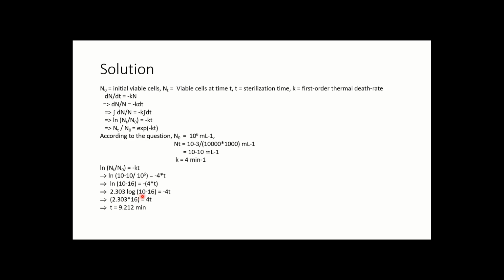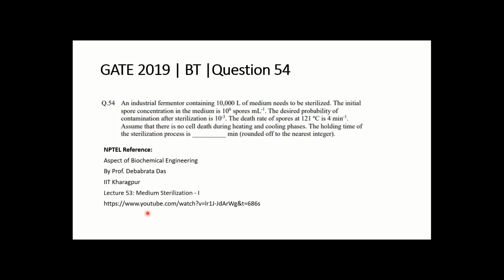The log of 10 to the power minus 16 base 10 will be minus 16. So 2.303 into minus 16 equals minus 4t. The minus signs cancel out, so 2.303 into 16 equals 4t. So t equals 2.303 into 16 by 4, which comes to 9.212 minute. So our answer is t equals 9.212 minute, which is the sterilization time.